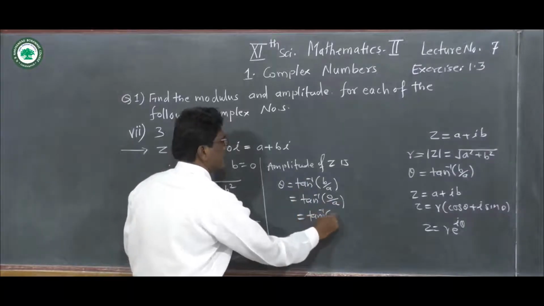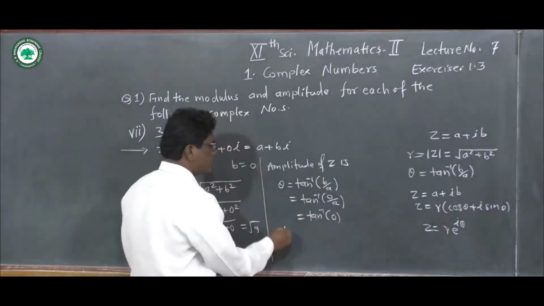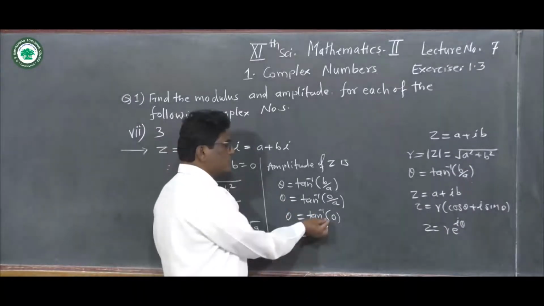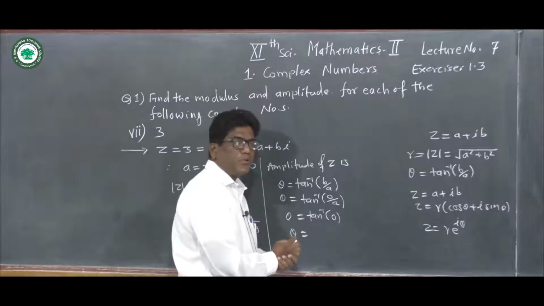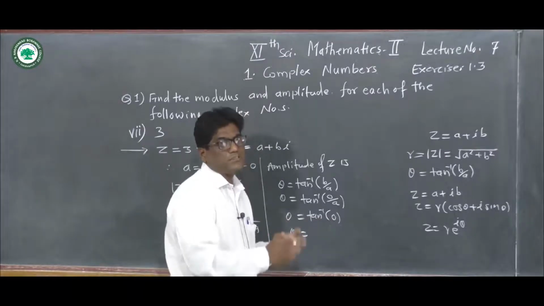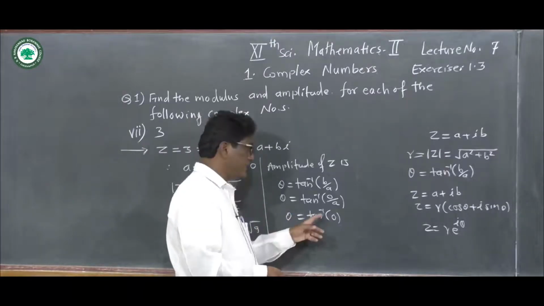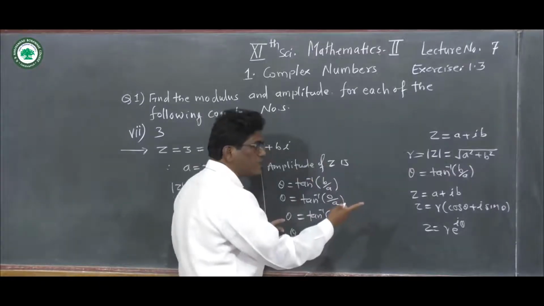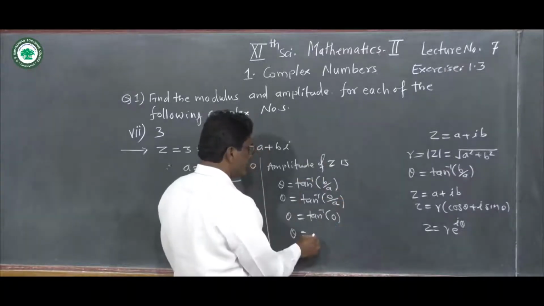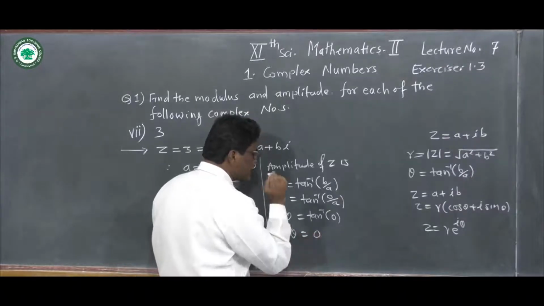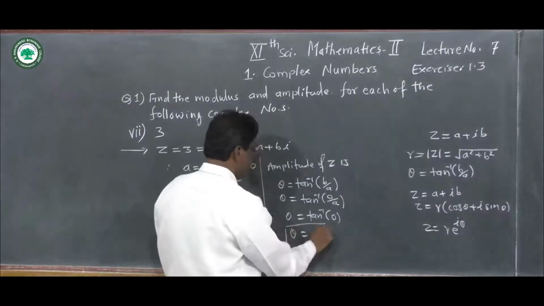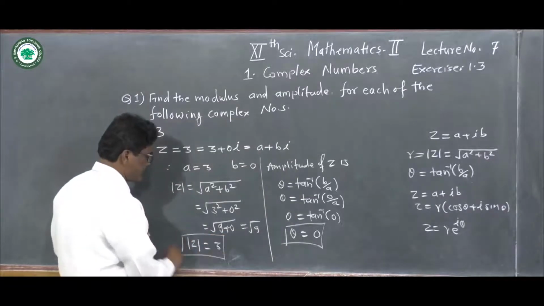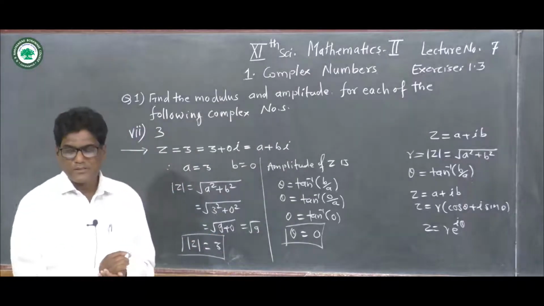That means tan inverse of 0, and so we get theta is equal to, now 0 is the value for which angle, that is tan 0 is 0, and therefore tan of 0 degree. So here theta is equal to 0. In this way we get theta and mod of z as 3. This is the solution of the 7th problem.